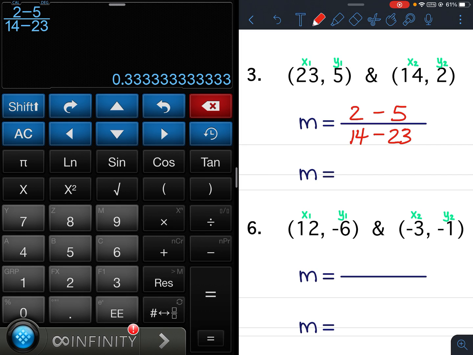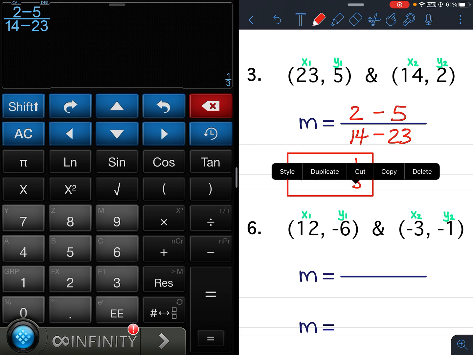Now, remember, press that button that's right beside the equal sign, and it'll change it to your fraction. So my answer to number 3, the slope is 1/3. You want your answer in fraction form. You do not want it in decimal form. And it can even be an improper fraction. We want it in fraction form, not decimal form.